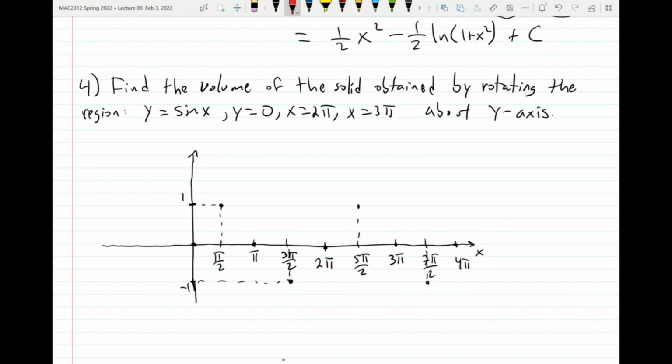Okay, let me sketch. I'm going to do this part like this because we don't really care about from 0 to 2 pi. Now begins here what we care about. This is the piece that we really care about. And the sine function keeps going to the right, keeps going to the left, etc. But what we care about really is the piece that I did in solid. Are we okay with this so far?